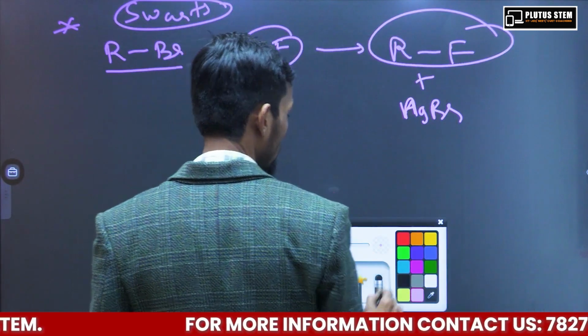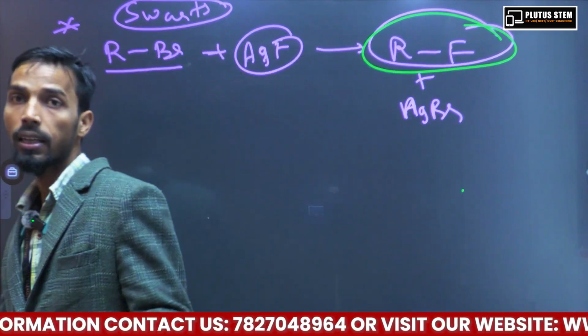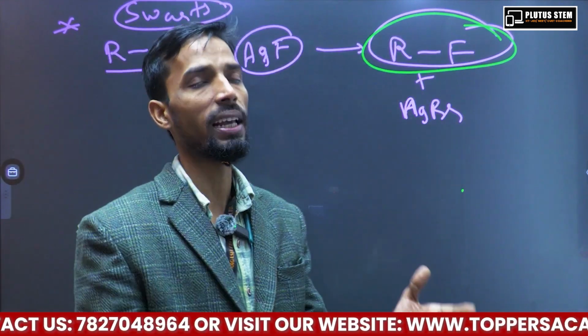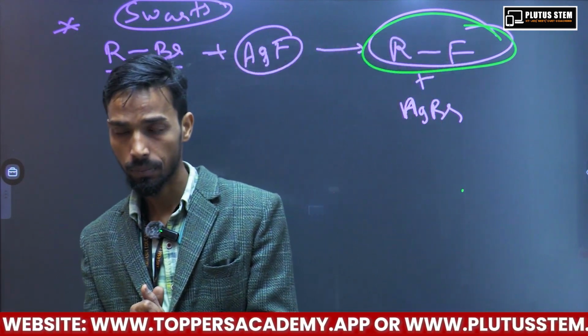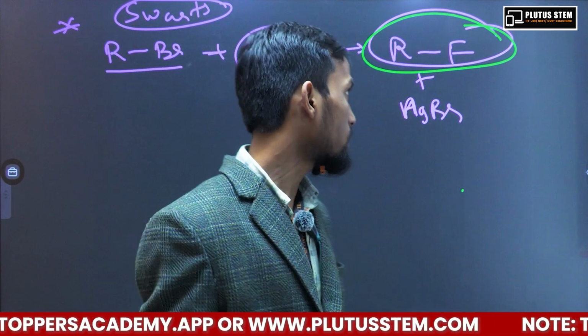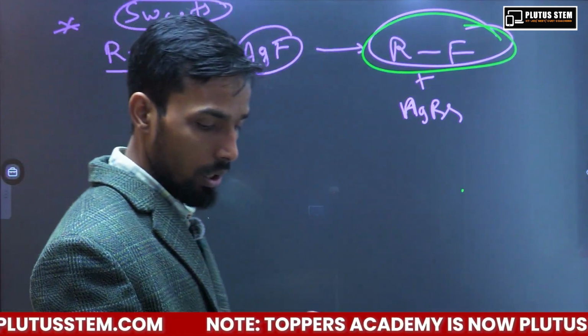Alkyl fluorides are not generally formed by the other ways which I have told you in the previous lecture. So this is the way how we can synthesize alkyl fluoride.